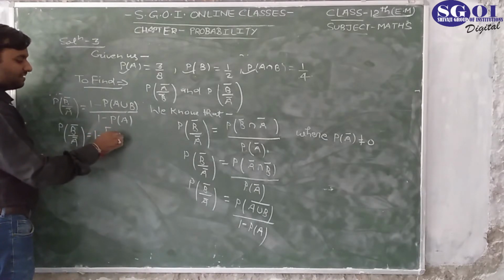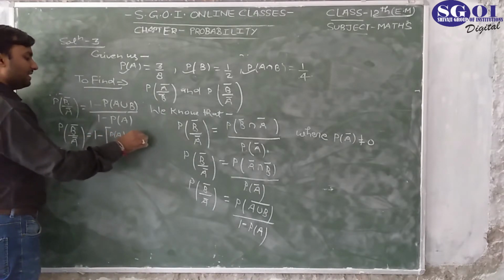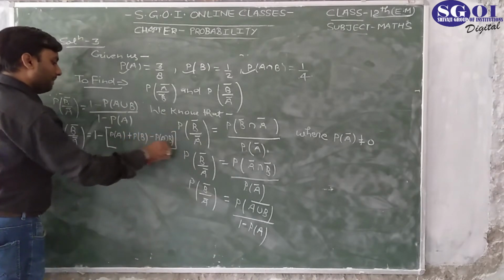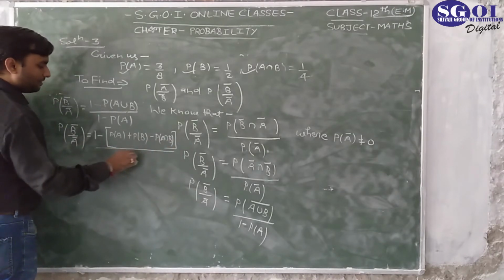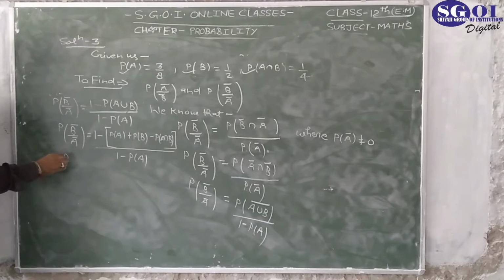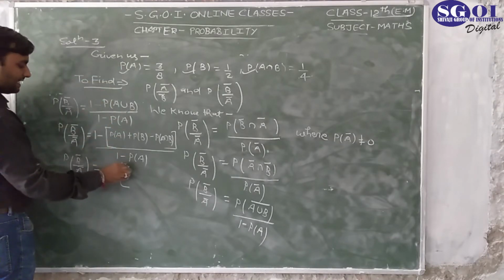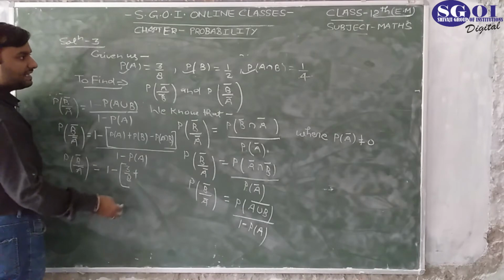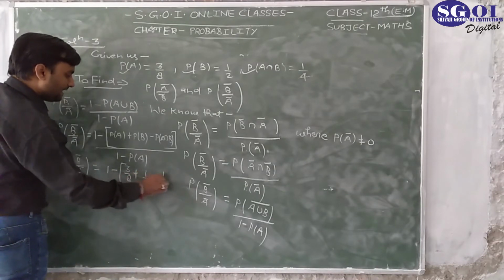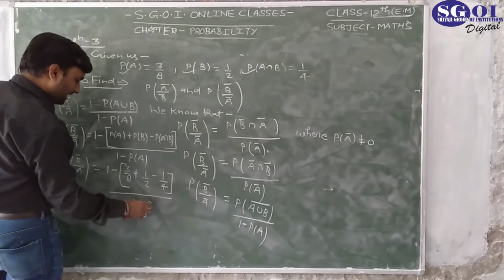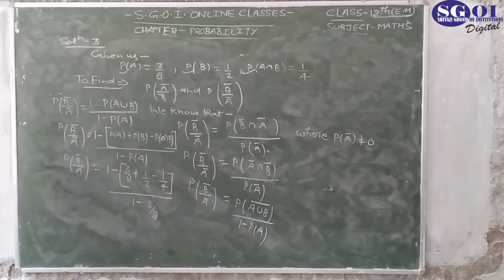Formula of probability A union B is equal to probability of A plus probability of B minus probability of A intersection B, upon 1 minus probability of A. So probability of B bar upon A bar is equal to 1 minus, probability of A is 3 by 8, plus probability of B is 1 by 2, minus probability of A intersection B is equal to 1 by 4, upon 1 minus probability of A. Probability of A is 3 by 8.